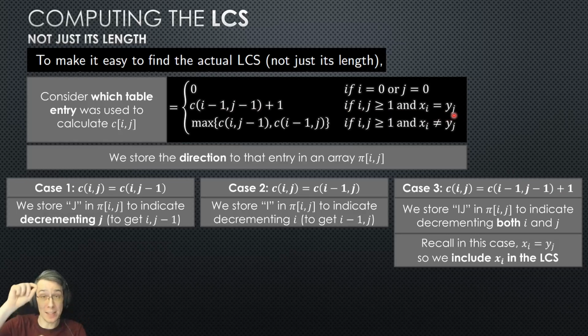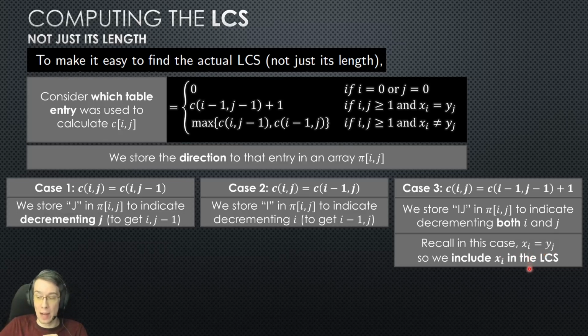And if you remember, when xi is equal to yj, we're going to include xi in the longest common subsequence. So this is a special case. Whenever we see an ij in pi, we know that we need to include xi in the LCS. And it doesn't make a difference whether we include xi or yj, because they're the same thing.